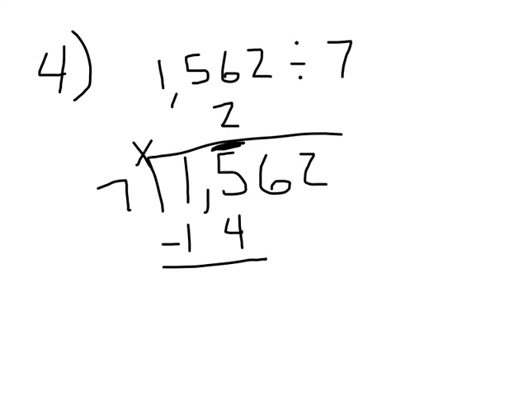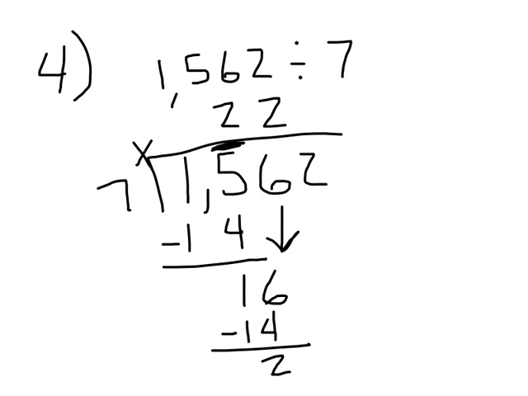When I subtract, how many hundreds do I have left over? What's 15 minus 14? 15 minus 14 is 1. I can bring down my 6 to divide in the tens place. How many times does 7 go into 16? 7 goes into 16 twice. What's 2 times 7? 2 times 7 is 14. When I subtract, how many tens do I have left over?